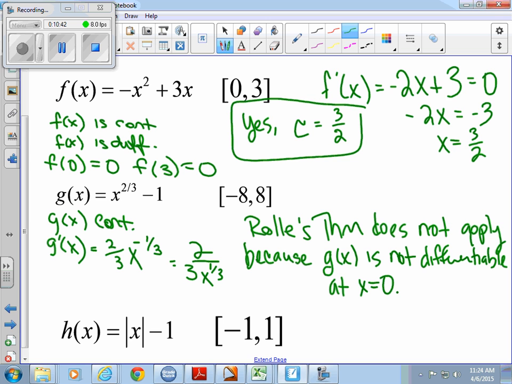Yes? So why is it not differentiable? This is the derivative, right? Plug in 0. What do you get? There is no derivative at 0. So, not differentiable at 0.